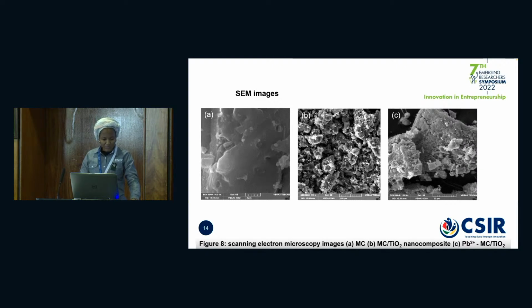So in figure 8, we have noted that there is porosity, and also the surface is larger. So these samples, like the mesoporous carbon coated with the titanium nanocomposite and our lead loaded on the mesoporous carbon coated with the titanium dioxide, were also confirmed. The morphology was confirmed using previous studies.